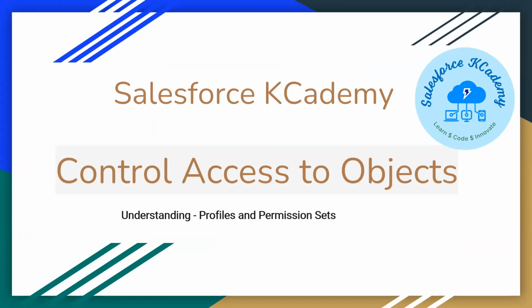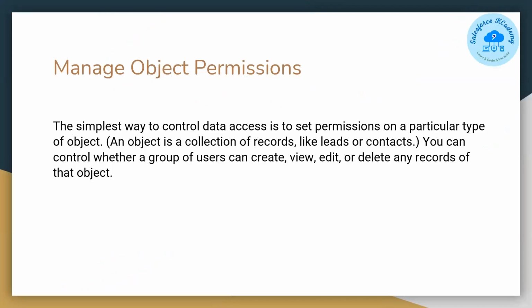Now we'll see what is the profile and what are the permission sets. These profiles and permission sets will grant access to the objects once the user enters into your org. So let's see how it happens. If you want to manage object level permission, then what is the object?